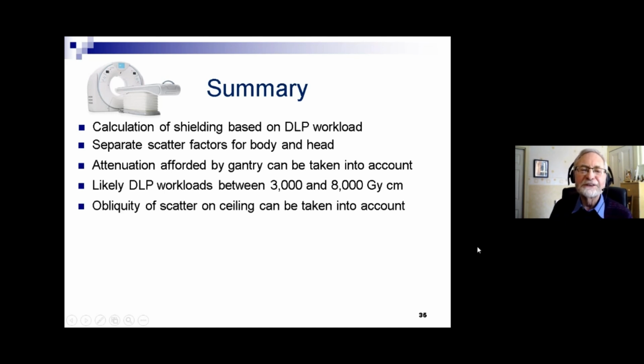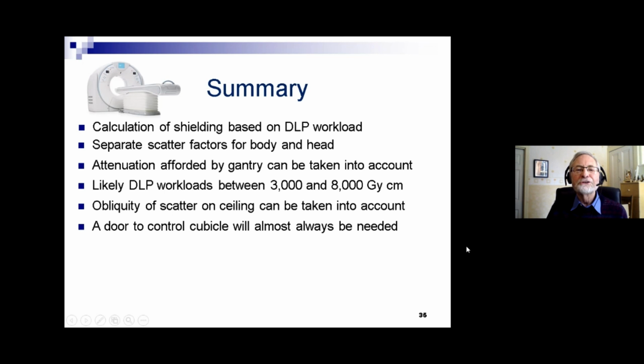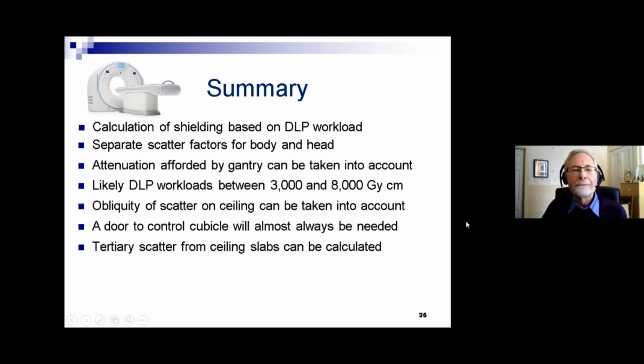The obliquity of the scatter on the ceiling can be taken into account, both in terms of the distance to the ceiling and also the obliquity of the scatter going through the concrete block. A control cubicle will almost always be needed for CT. Tertiary scatter from the ceiling slabs can be calculated.